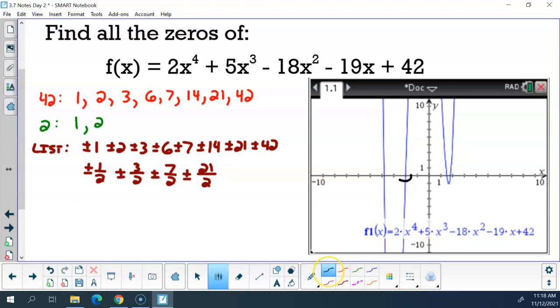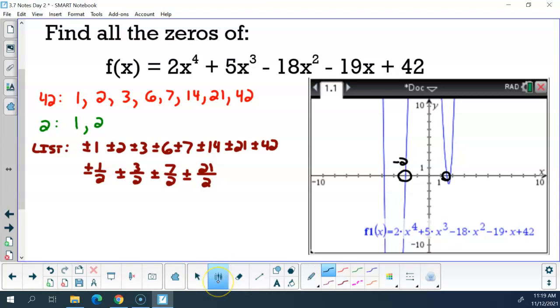Well, this one looks like it's pretty easy to find. What do you think that one is? -2. This one looks pretty easy to find too. What's that one? 1.5, which is 3/2, because 3/2 shows up on our list.